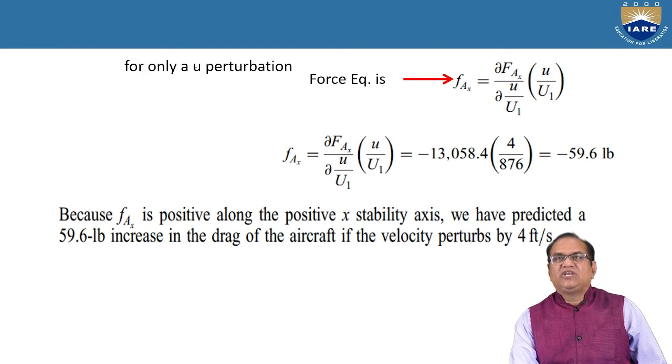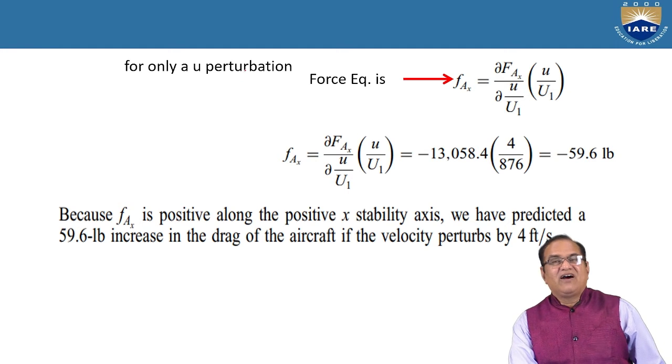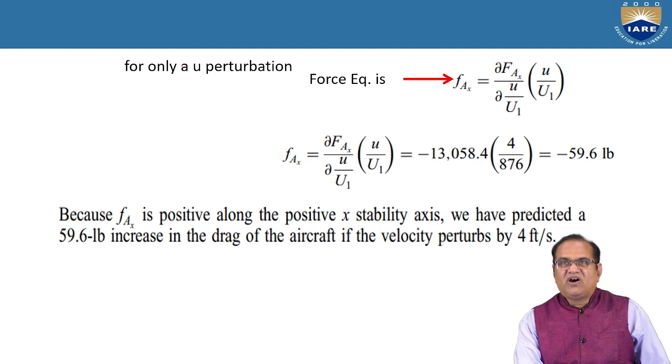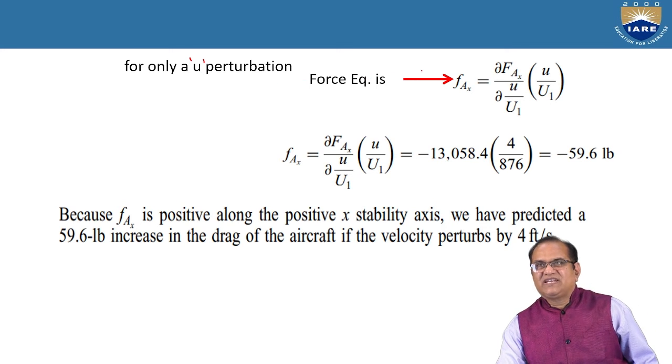Now, for only a u perturbed case, we are not considering v and w. For only the u perturbed velocity, the force equation is Fax equal to ∂Fax/∂(u/u1), which we have got, times u/u1. We know u is 4 feet per second and u1 is 876 feet per second.